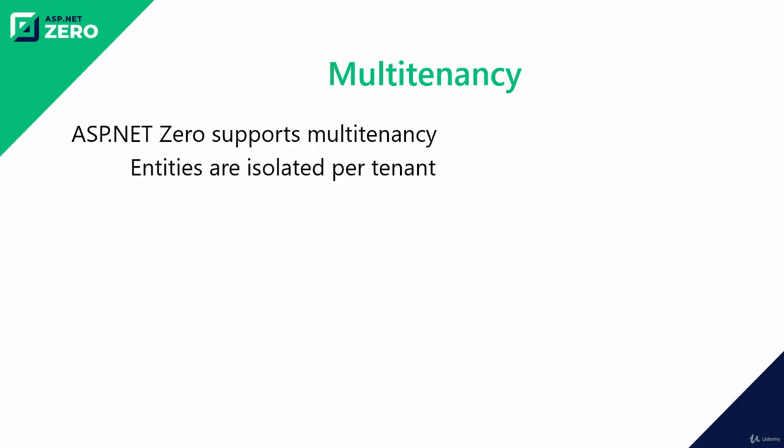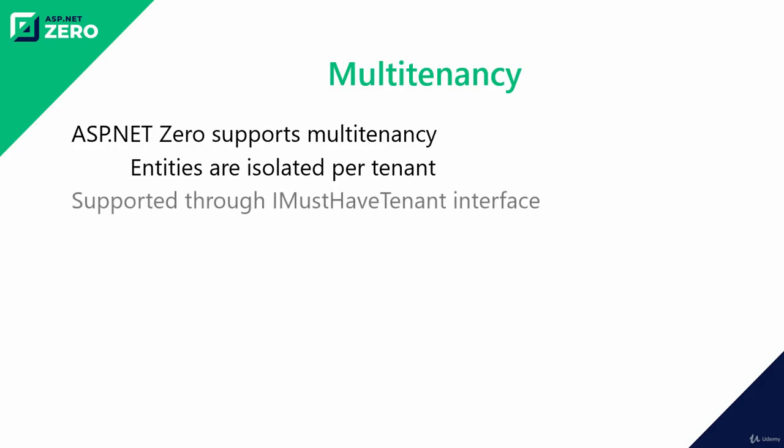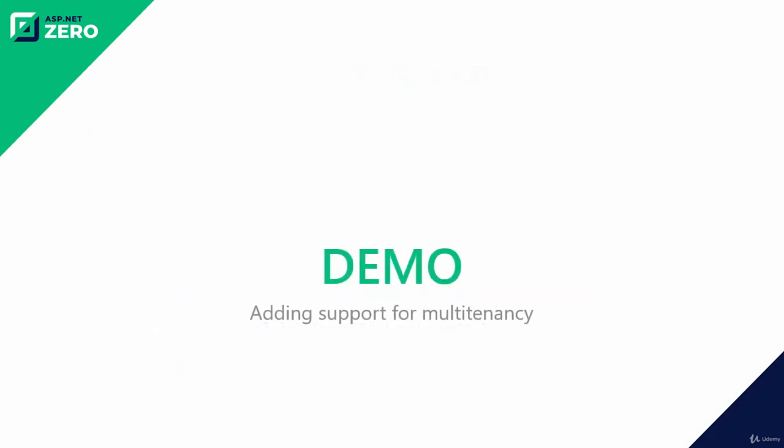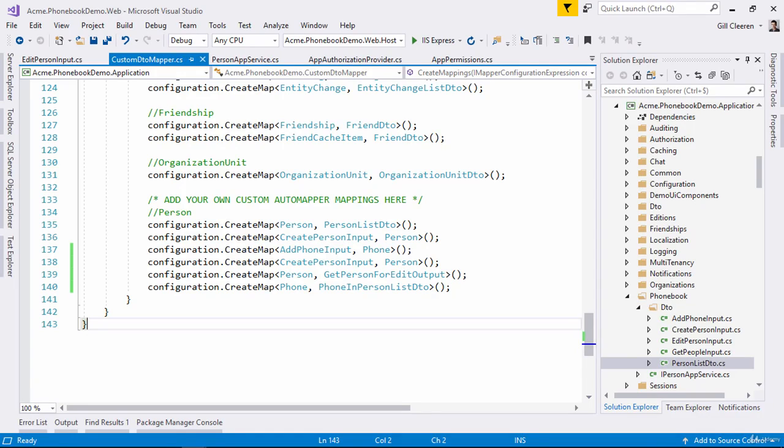To bring in support on the entity level, so in our case person, the type needs to implement the IMustHaveTenant interface. Based on this, ASP.NET Zero will then itself filter the entities belonging to the current tenant. In the final demo of this module, we are going to bring in support for multi-tenancy.